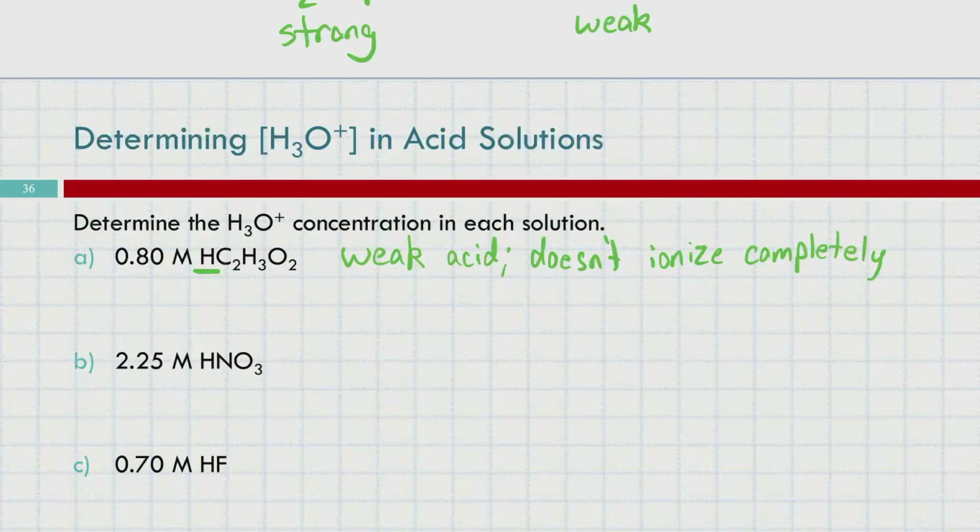What would be the maximum amount if it ionized completely that we could get? Does anyone know? How many H's could come off? What would be the concentration of those H's? Because H plus and H3O plus are the same.